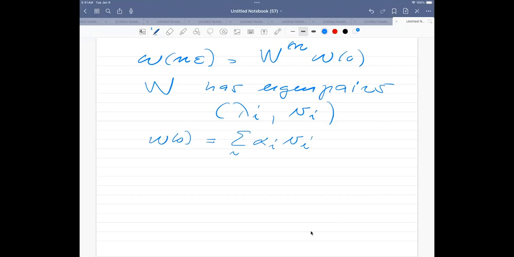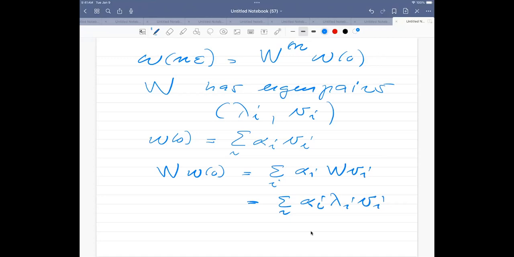You have an orthogonal basis, and then you can use that one to expand a new function in terms of that. So this means the following. When I act with W on the initial state, that is the same as W acting on v_i, and this has obviously to be equal to the sum over i of alpha_i lambda_i v_i. Okay, does that sound reasonable?